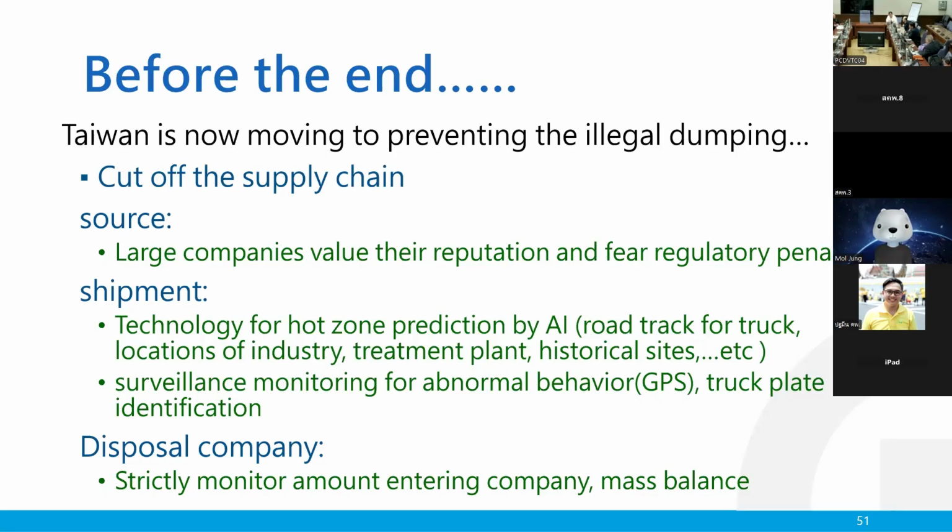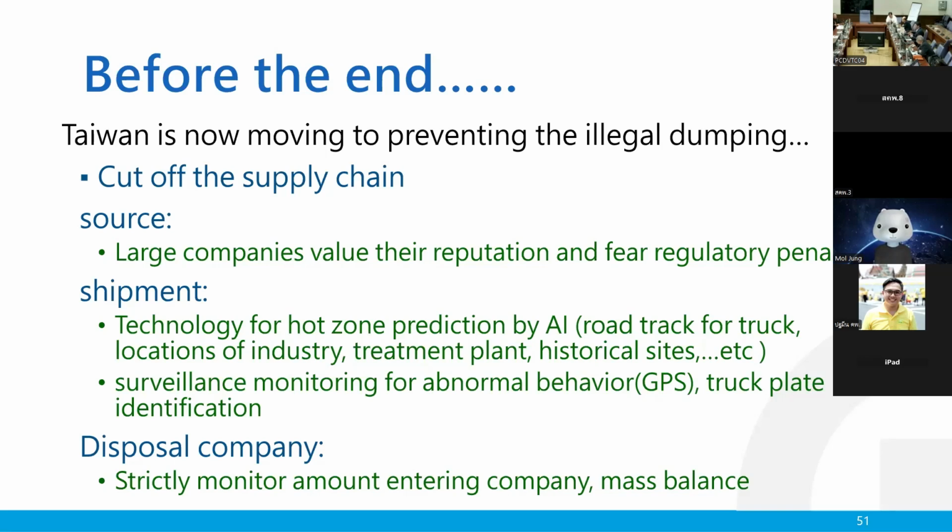And also for the shipment, our group is helping the government to develop technology for hazard prediction by AI. We collect road tracks for trucks, the locations of industry, the locations of treatment plants, and all the historical sites.